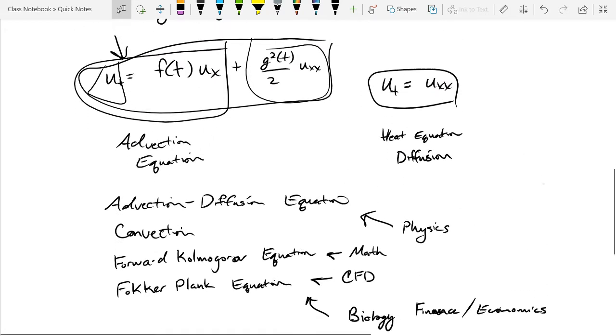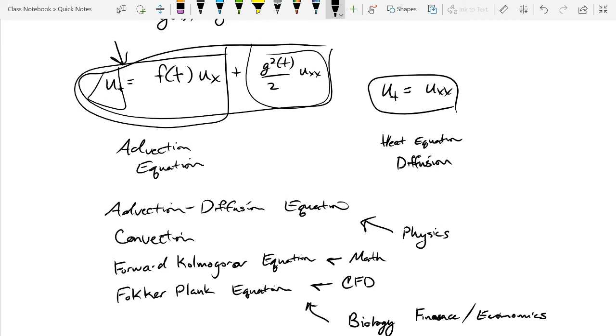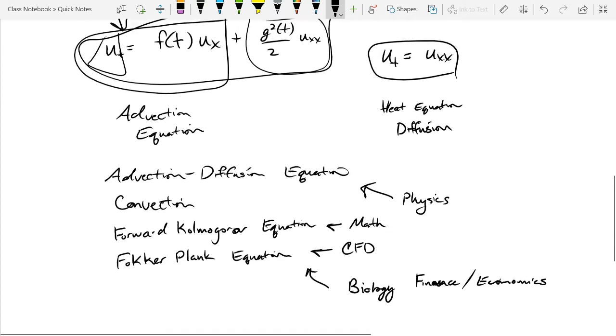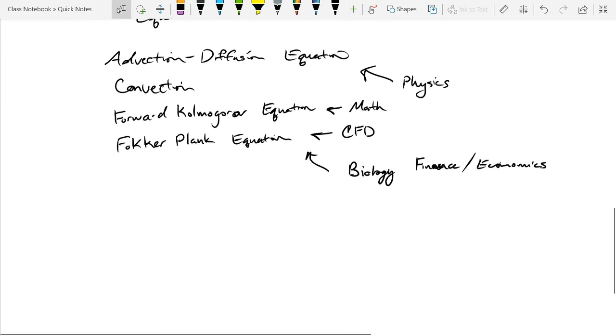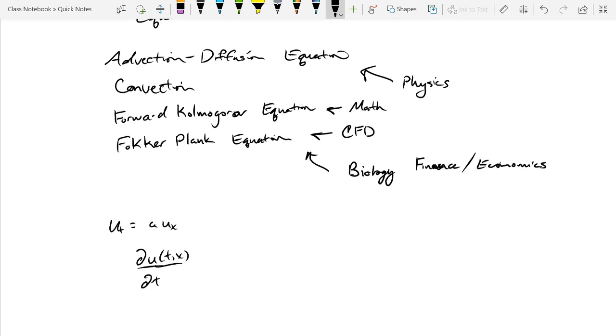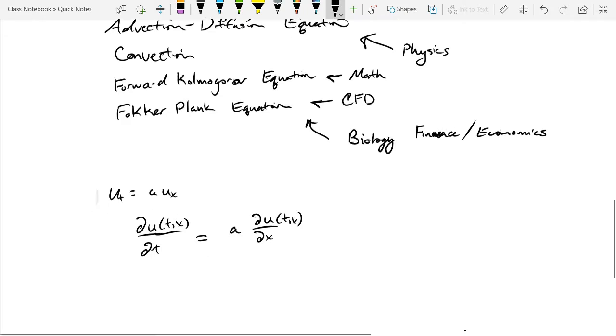And now the other thing, though, is that the heat equation and the advection equation are two canonical PDEs to try to deal with. So the advection equation, u_t = a u_x. Now, I didn't introduce it, so let me just say that this is the same thing as writing du/dt (t,x) = a du/dx (t,x). And once I start writing that, you can see why I stop writing partial derivatives and just start using subscripts for the derivatives.